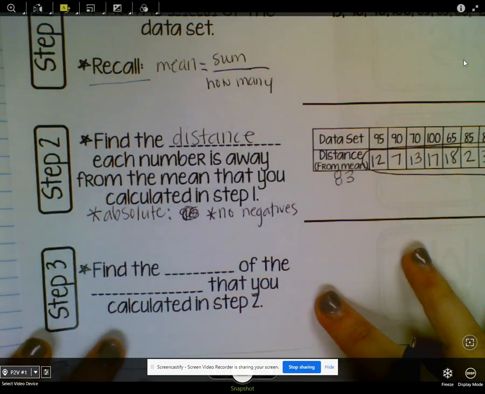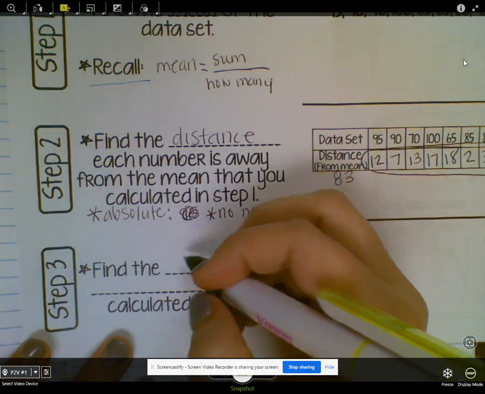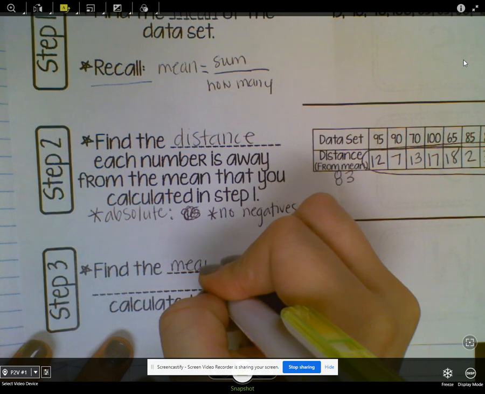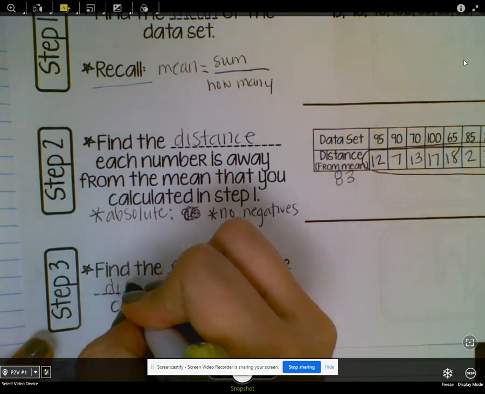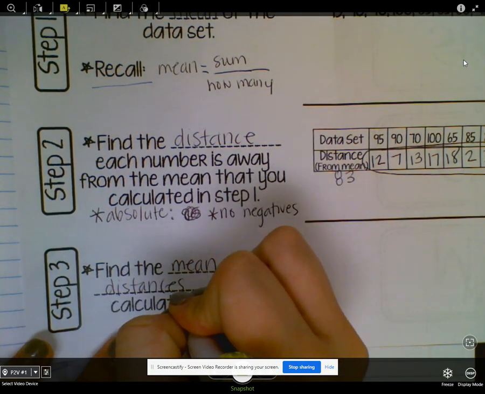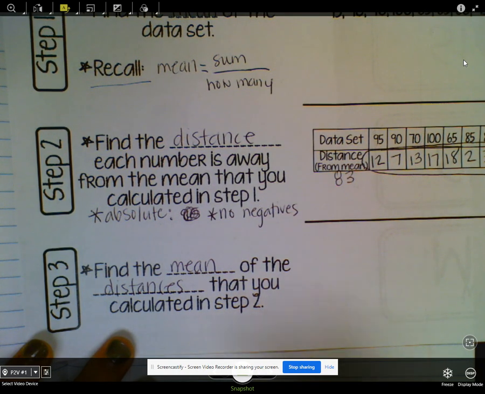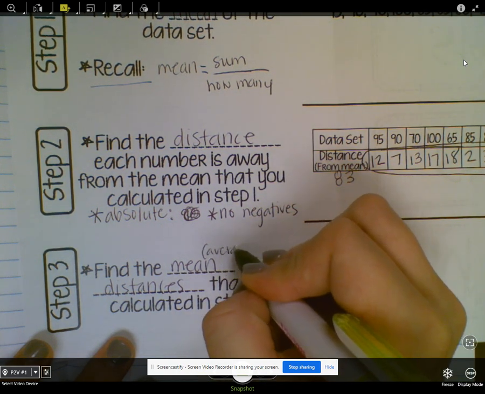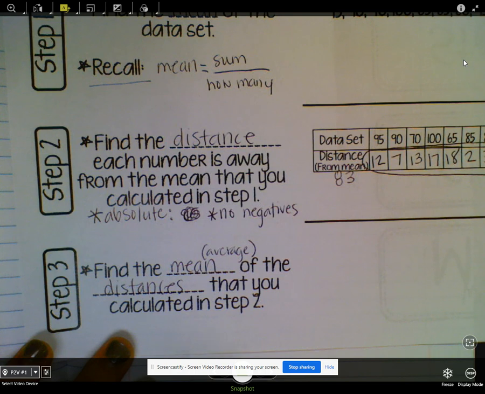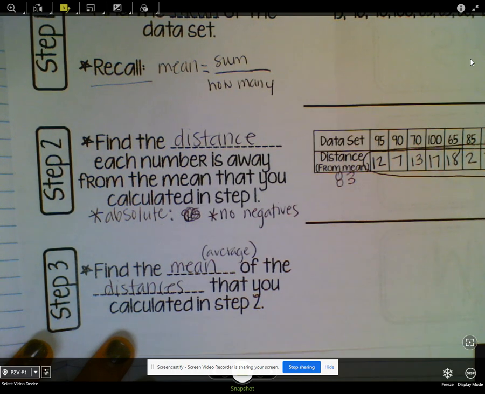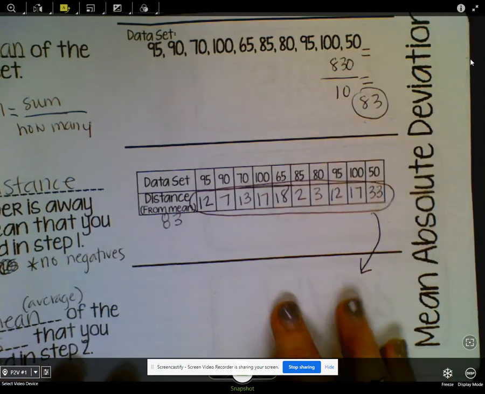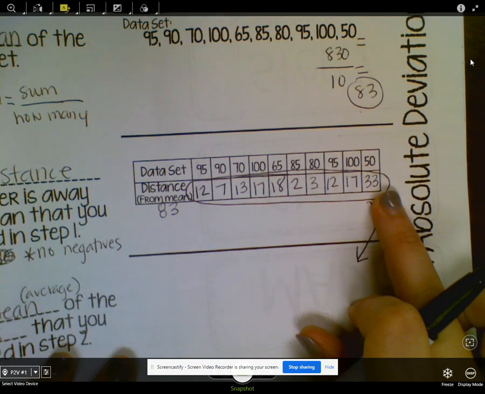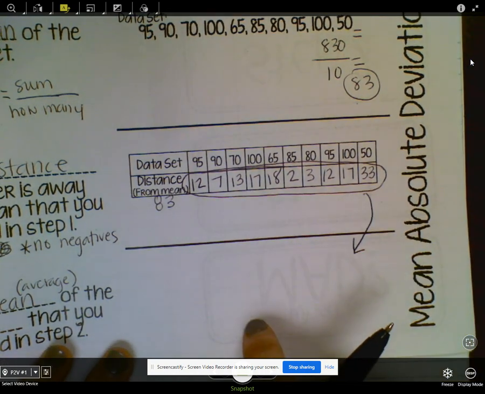Step 3. Now we're just going to find the mean of the distances that we calculated. Remember, mean is the same thing as average. So we're figuring out, on average, how far away are you from the mean or the average, okay? I know it's saying average twice, but that's what it is. So you would add all these numbers up, and then you would divide by 10.